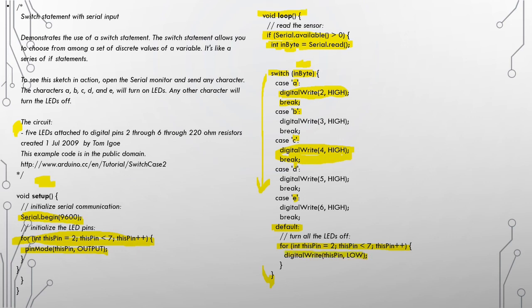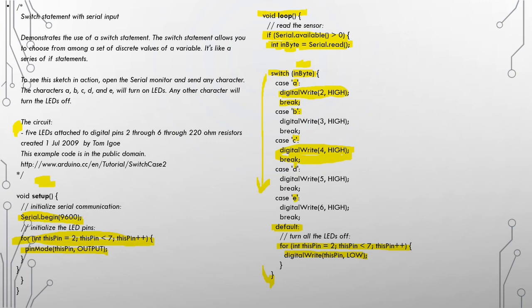And we can digital write the pins to low one by one very quickly. And so anything, again, that's not an expected input, that's not A, B, C, D, or E, then we're going to go down to the default case and just execute whatever is within that loop.